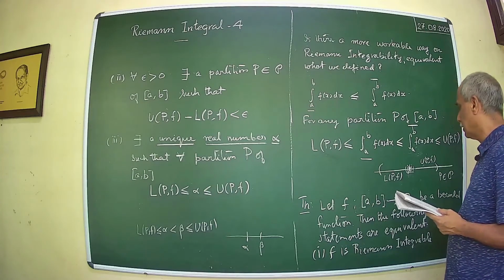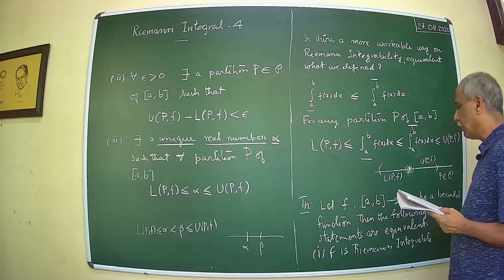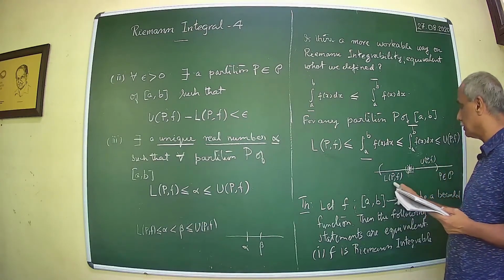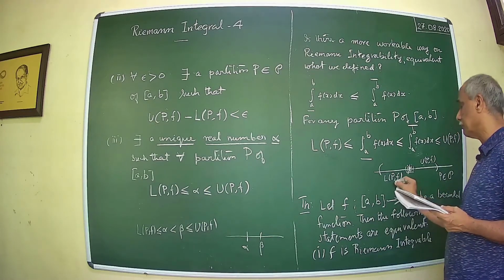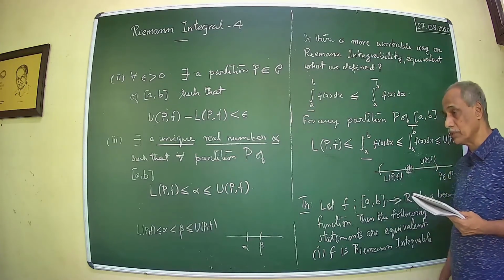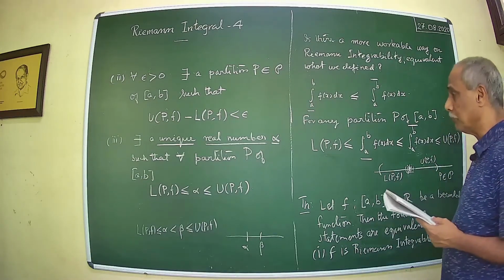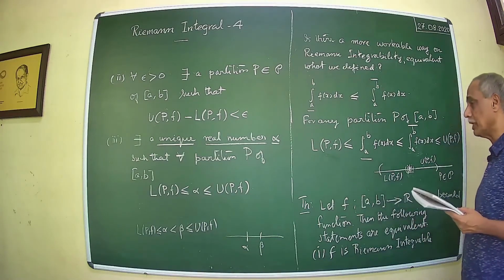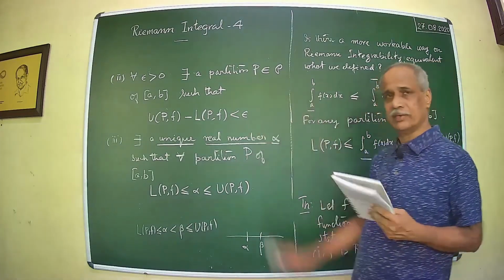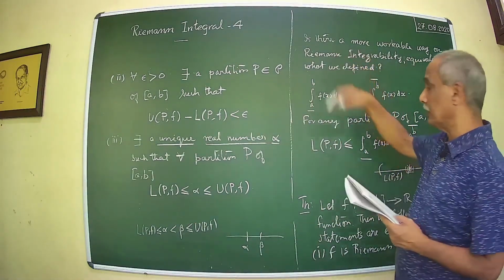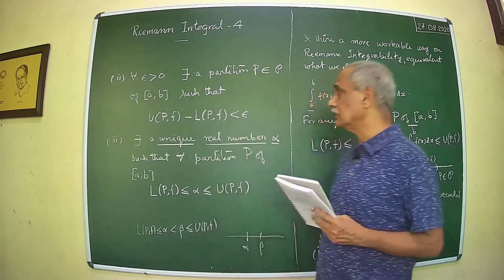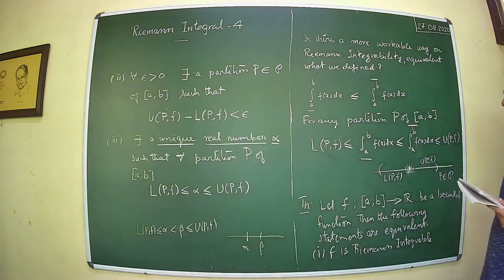Therefore, one partition you call P1, for the other one you denote it by P2, and then P1 union P2 is a refinement, call that P, and for that partition, this condition will be satisfied. So if it is Riemann integrable, that is, if you assume condition 1 is true, then you prove that condition 2 is true. Okay?